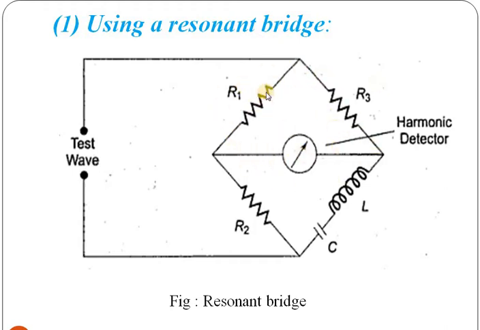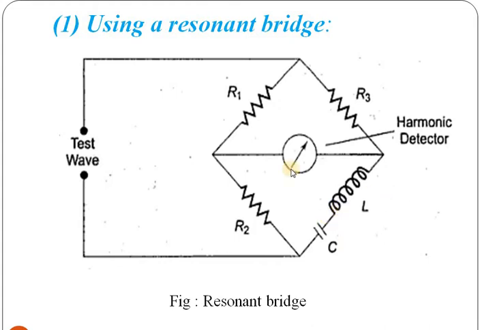The first arm consists of resistance R1, the second of resistance R2, and the third of resistance R3. The fourth arm consists of a series combination of inductance L and capacitance C, which will act as a tank circuit.